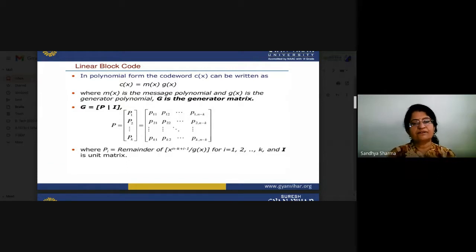So Pi is basically the remainder of this formula, where x to the power n minus k plus i minus 1 is divided by g(x) for i equal to 1 to k.